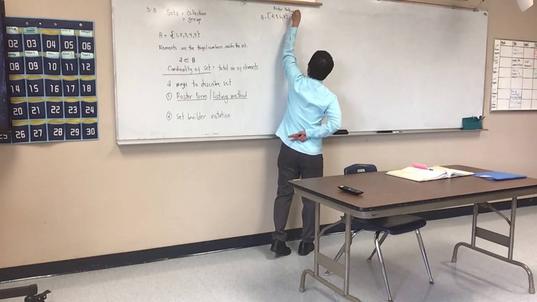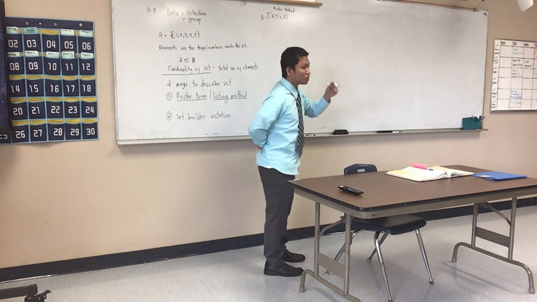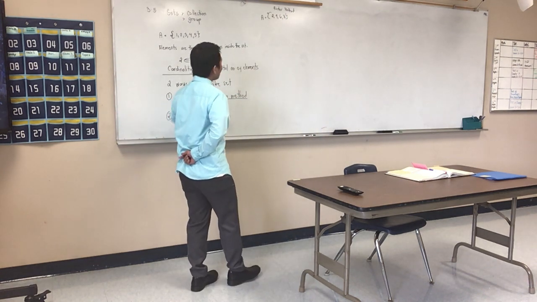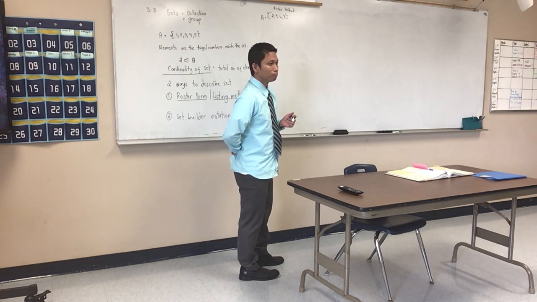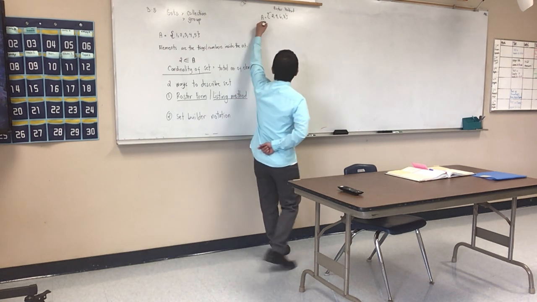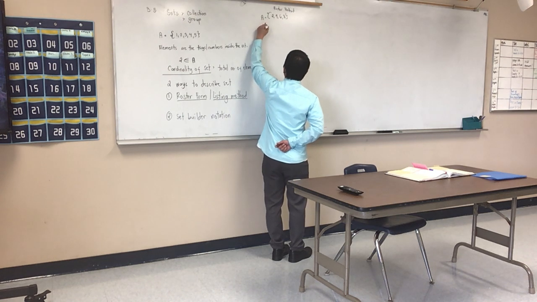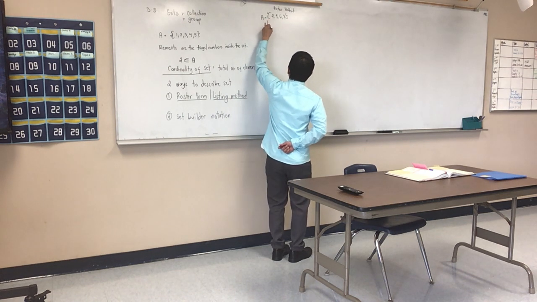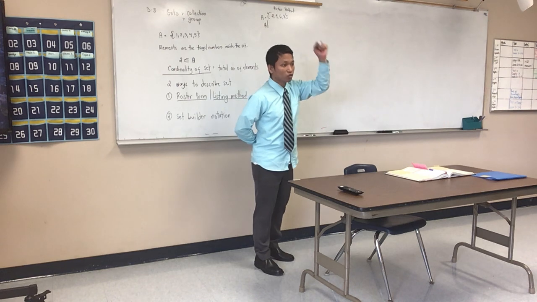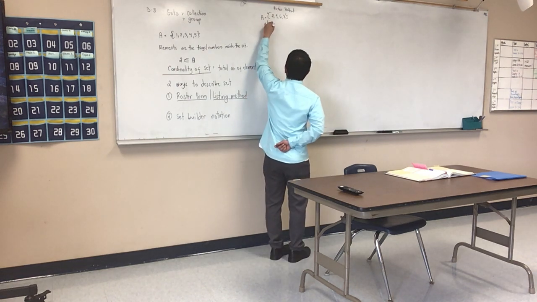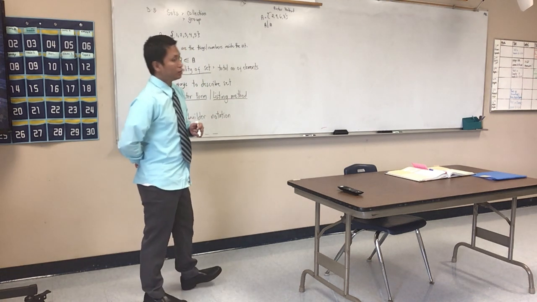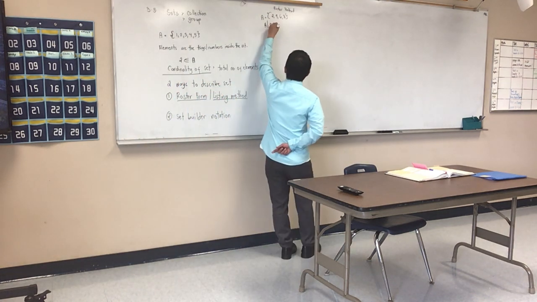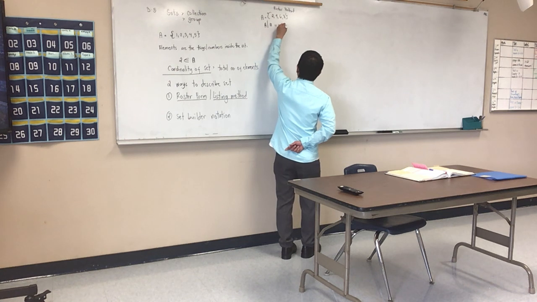If we are going to represent or describe this set using set builder notation, we write the set A, the name of our set, such that, and what can you say about the elements? They are divisible by 2.